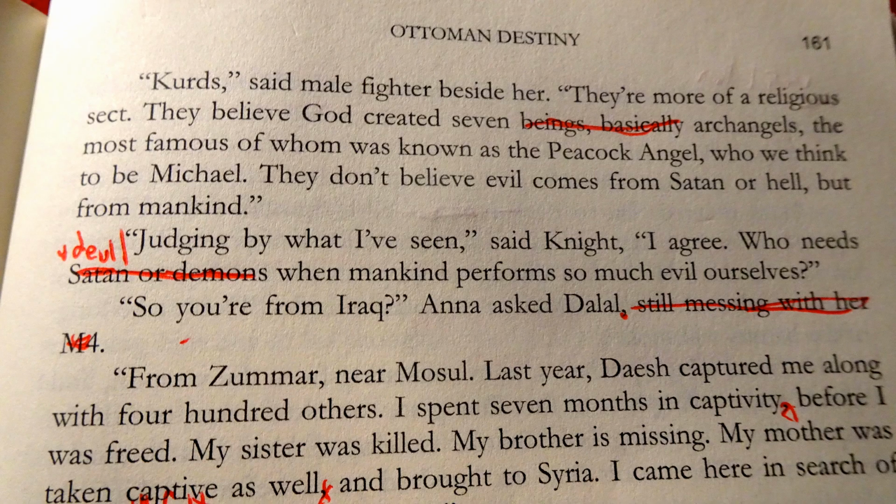You just look at humanity, really, and the worst things being done are humans doing terrible things to other humans. So I just love that line, who needs a devil when mankind performs so much evil ourselves? It may be kind of preachy, but whatever, I like it.